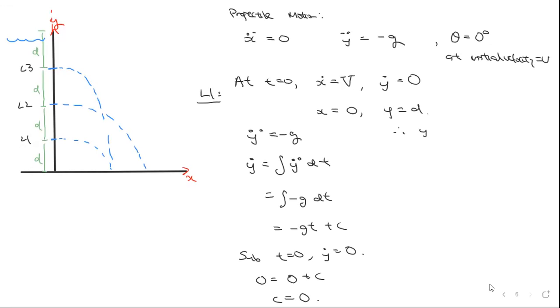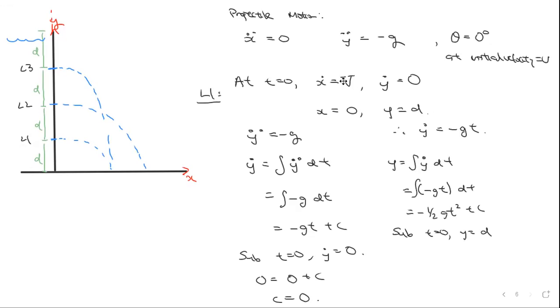That means y dot equals negative gt. Then y must equal the integral of y dot with respect to t, which is negative half gt squared plus c. You would sub at t equals 0, y equals d, as we mentioned up above. That gives you d equals 0 plus c, so c must equal d, meaning y equals negative half gt squared plus d.